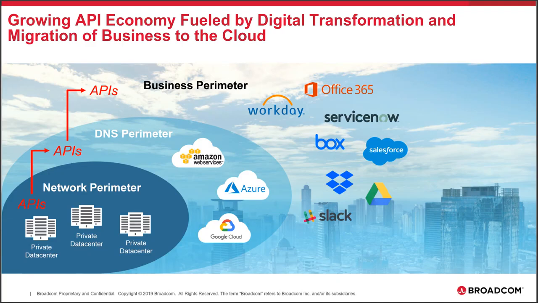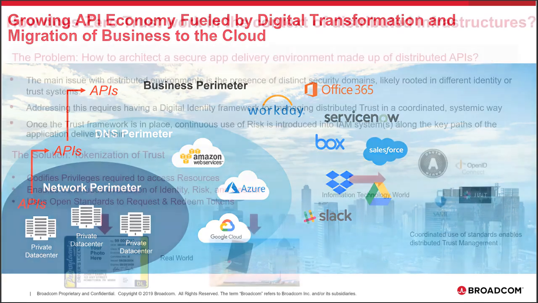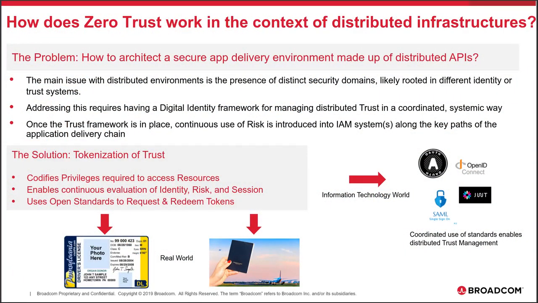And one of the challenges in these environments is that they're all built by different organizations, by different people, ultimately having different, disjointed security domains. And that's an issue. So how do you architect a secure application delivery made up of distributed APIs in the world of distributed environments, really different security domains that were built on different identity systems, different trust systems?